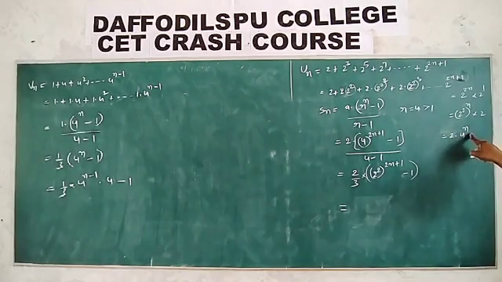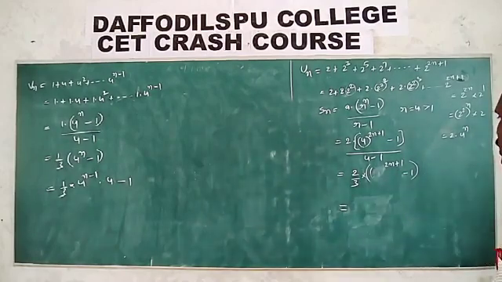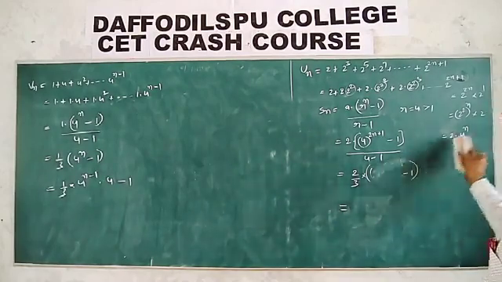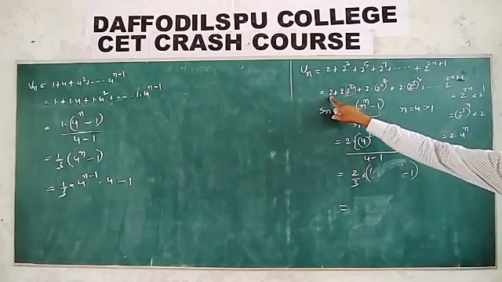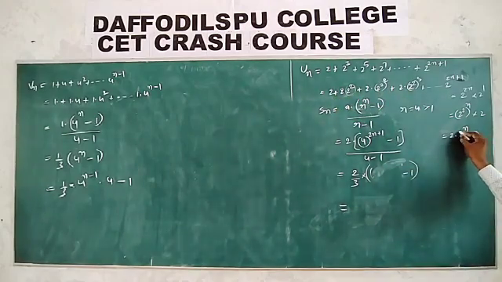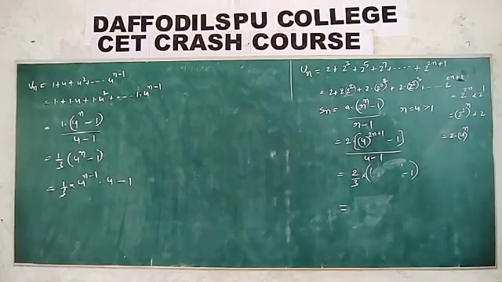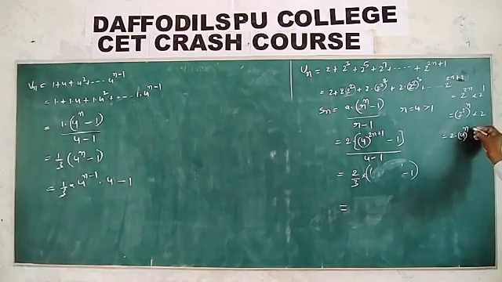So one value decreases, so directly n minus 1 is the value, so n plus 1. The last term of this series is ar power n minus 1. Here n minus 1 is not there, so we take minus 1 plus 1.